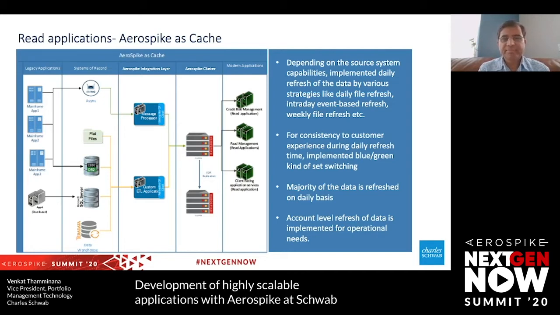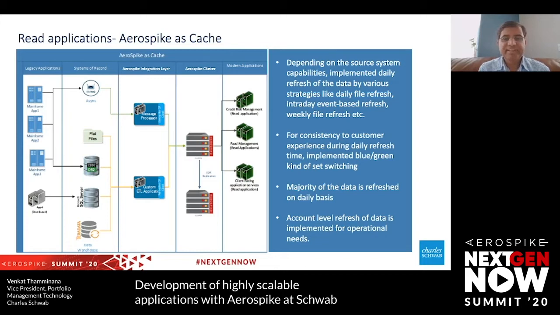Once we are able to get the data into Aerospike and put it in a consumable format, we are storing it, since the whole application layer we developed in .NET. So we stored the objects in .NET format within Aerospike. And when we are querying Aerospike, we leveraged those two capabilities. One is we are able to get it in .NET format, and the other is leveraging the NoSQL feature.